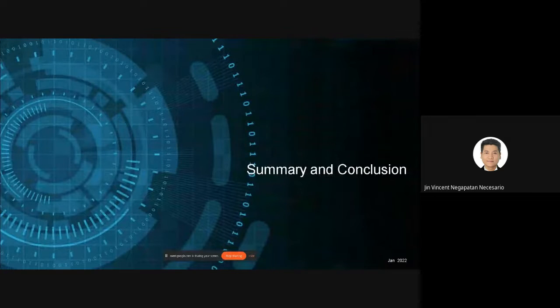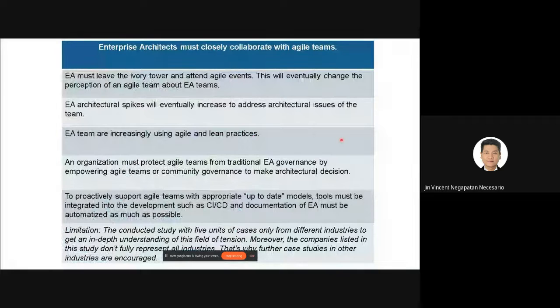And then for the summary and conclusion of the case study, they have these thoughts: the enterprise architect must leave the ivory tower and attend agile events. This is probably because you need to understand your team. So this eventually changed the perception of an agile team about EA.